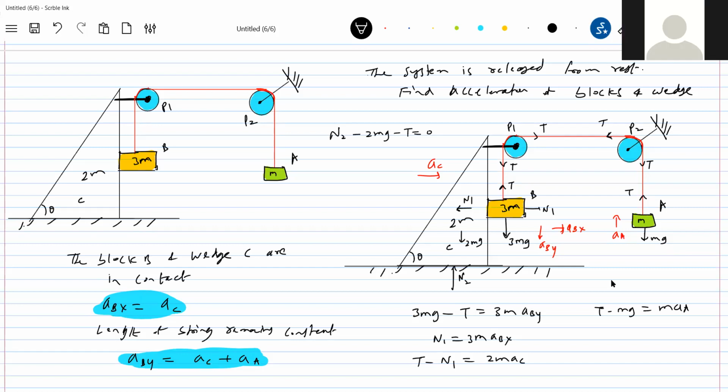Sir, how is T acting in the horizontal direction? What force is acting on the pulley? There should be a force acting on the wedge. Okay.